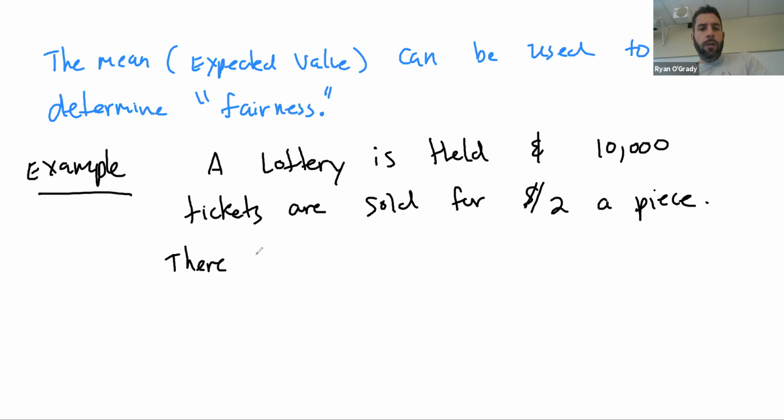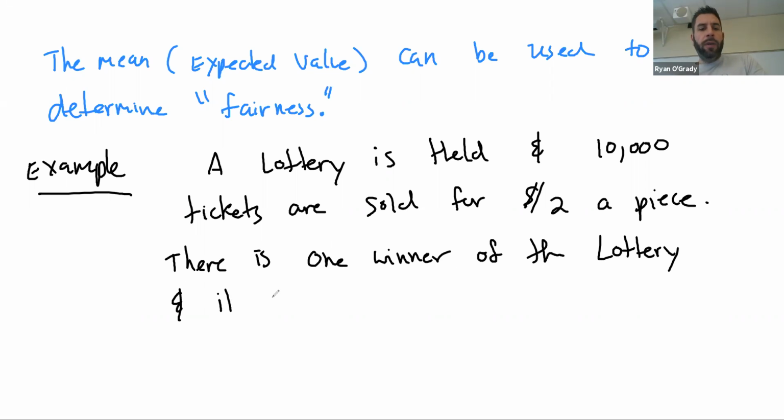And let's say there is one winner of the lottery, and it pays, let's say, $1 million.